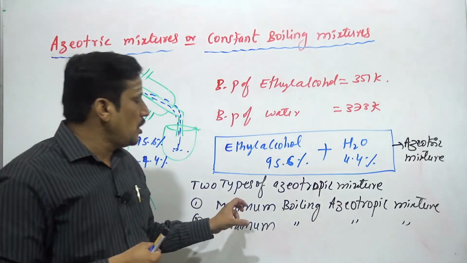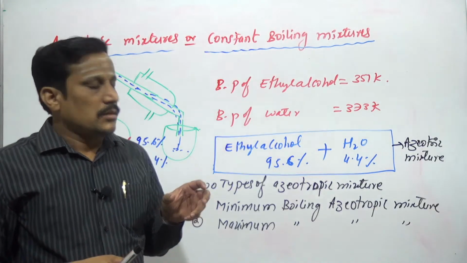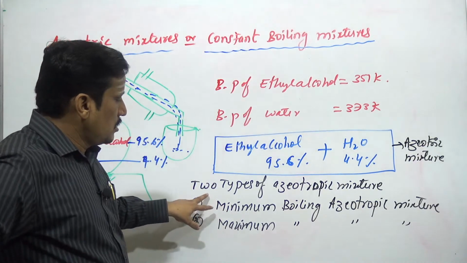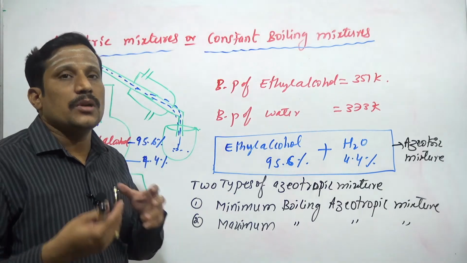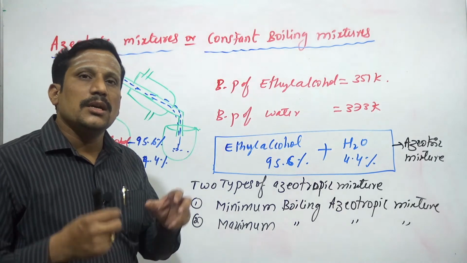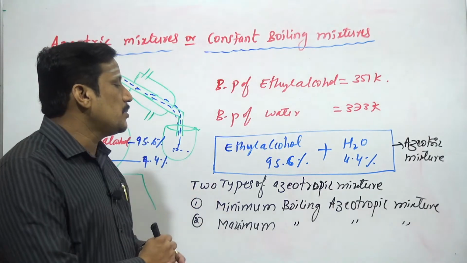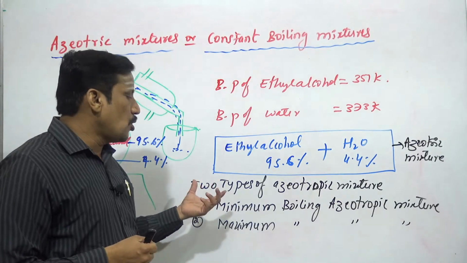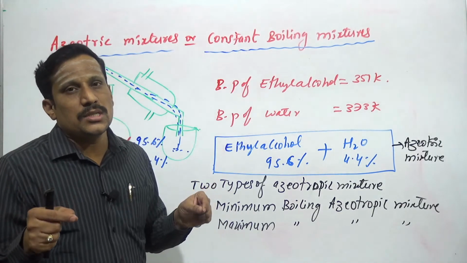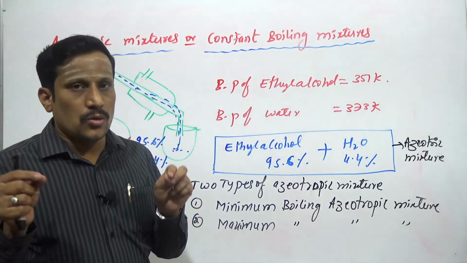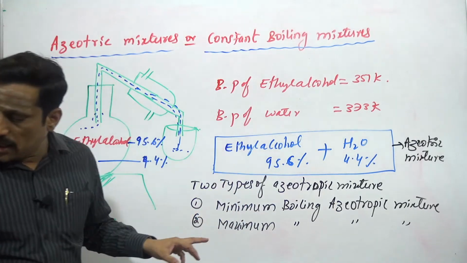What are minimum boiling azeotropic mixtures?